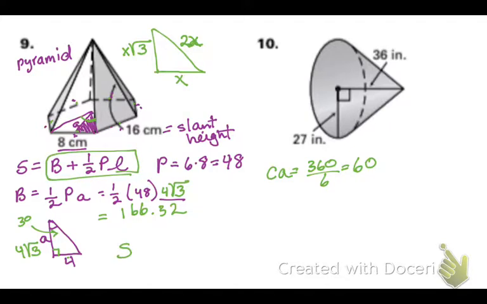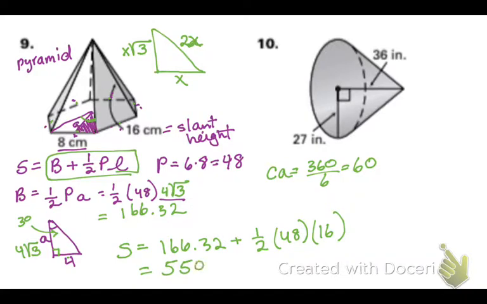I know my S is equal to the area of my base, which I know is 166.32, plus 1/2 the perimeter, which is 48, times the slant height, which we know is 16. Okay, you do all the numbers on that very carefully, and you're going to come up with something like 550.32. And there's your answer.